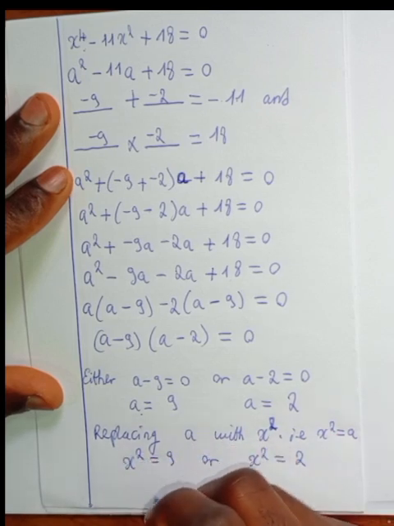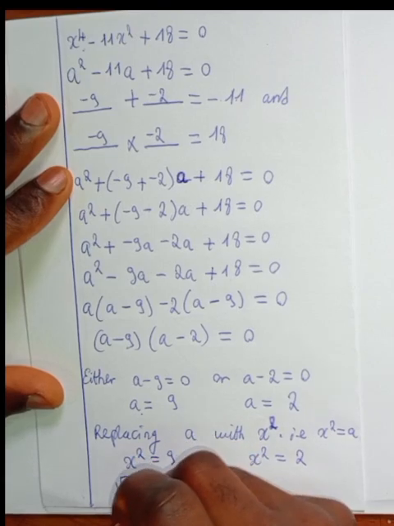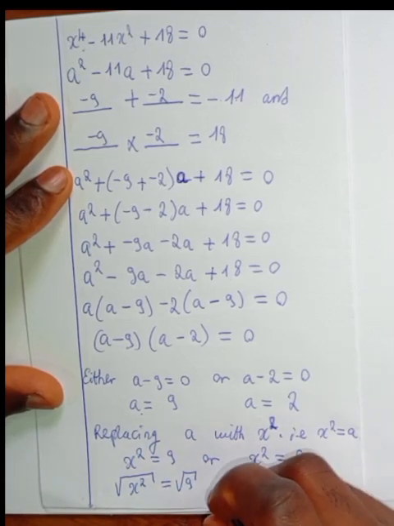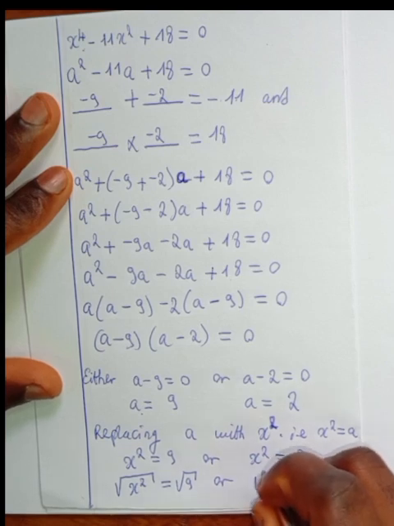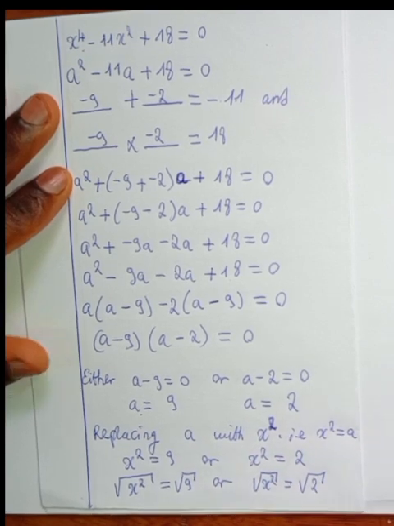Here, for us to get our x, we're going to take the square root. The square root of x squared is equal to the square root of 9, or the square root of x squared is equal to the square root of 2.